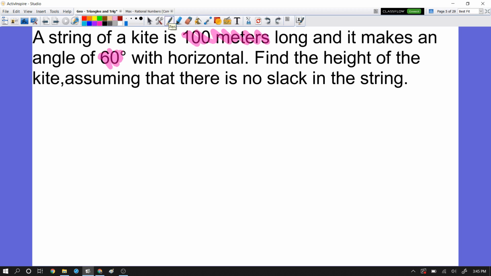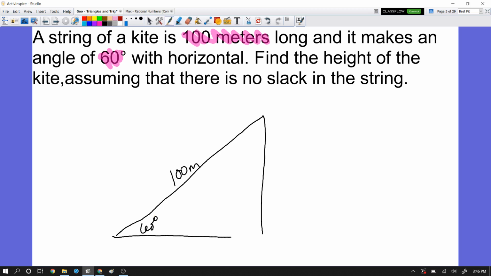Find the height of the kite, assuming that there is no slack in the string. All right, so find the height. So height is straight up. The string of a kite is 100 meters long, and it makes an angle. Okay, so here's the string, 100 meters. It's at a 60-degree angle. Find the height of the kite. So we're looking for right here.